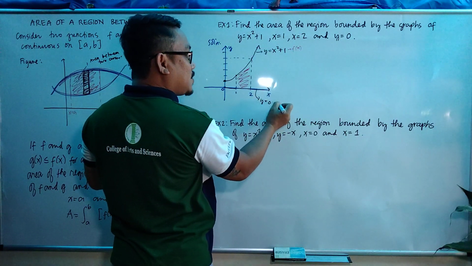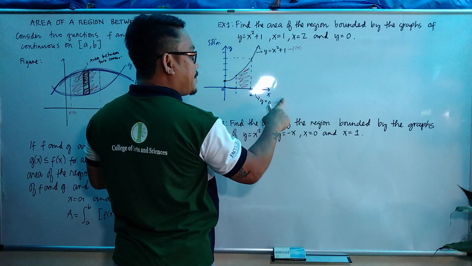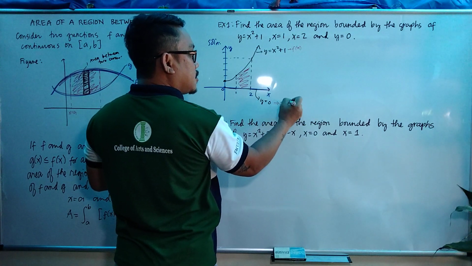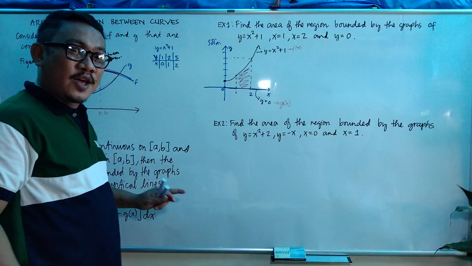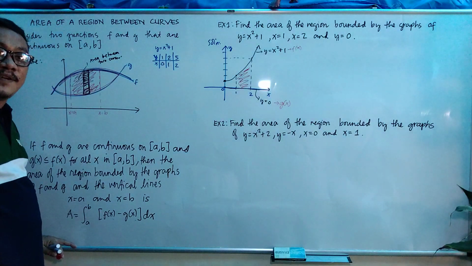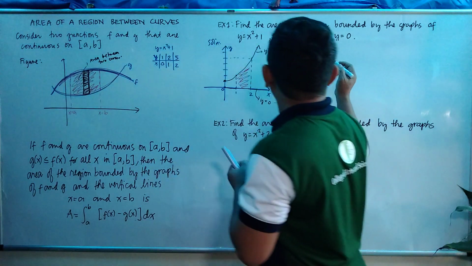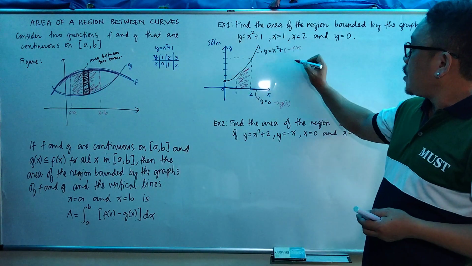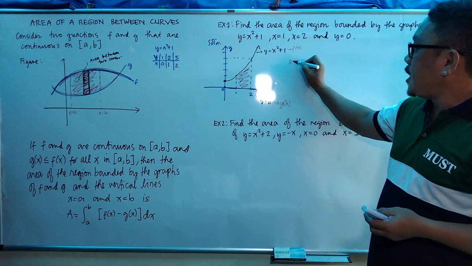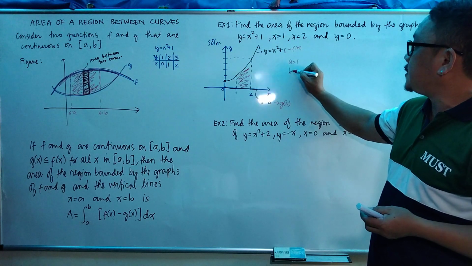The y is equal to 0 is our g of x. So we can now simply use the formula in finding the area. We already know that a is equal to 1, b is equal to 2.